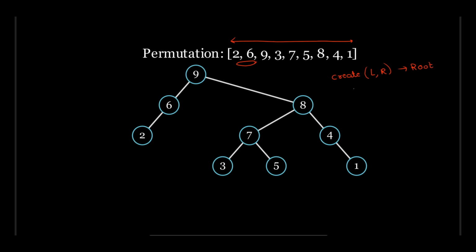So let's say you get the IDX as the max of L to R, and then root is equal to IDX, and then root dot left, the left child, you simply recursively create, left would be L to IDX minus 1, and you attach the right child, root dot right is equal to create IDX plus 1 to R, and then you return root.